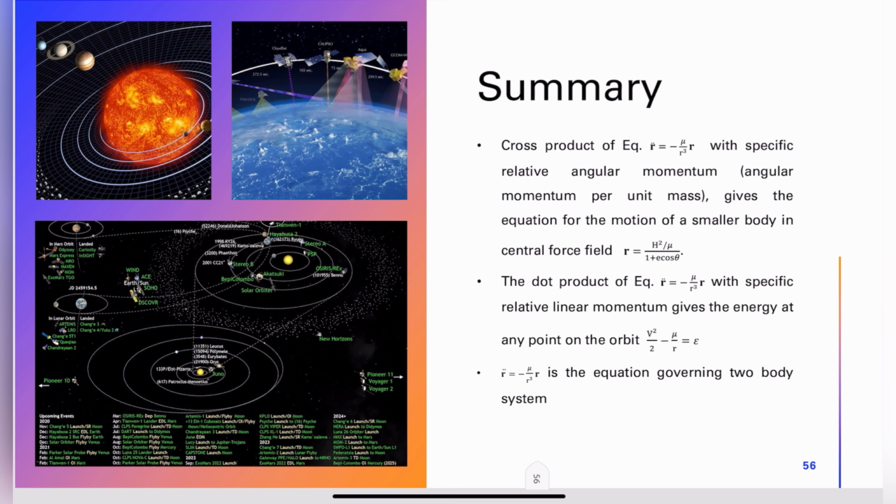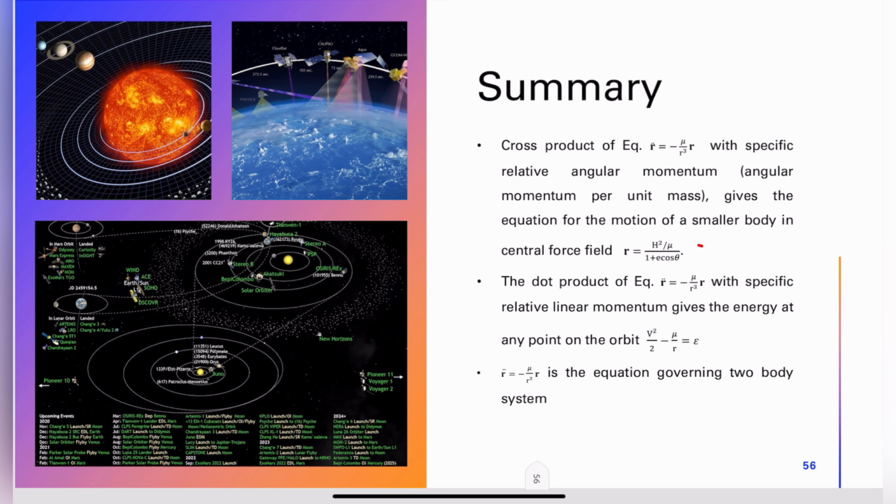Again, we have taken the dot product with the linear momentum, and we have arrived at the energy at any point. So we have found the motion at any point for that body, and we have arrived at the energy again. We have found the energy at any point for the second body revolving around the first body under the influence of the gravitational force of these bodies.